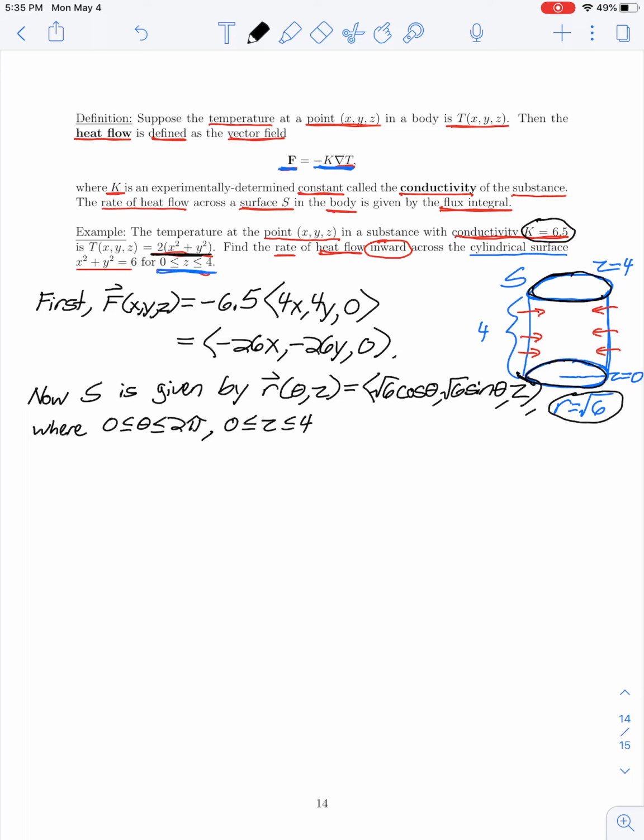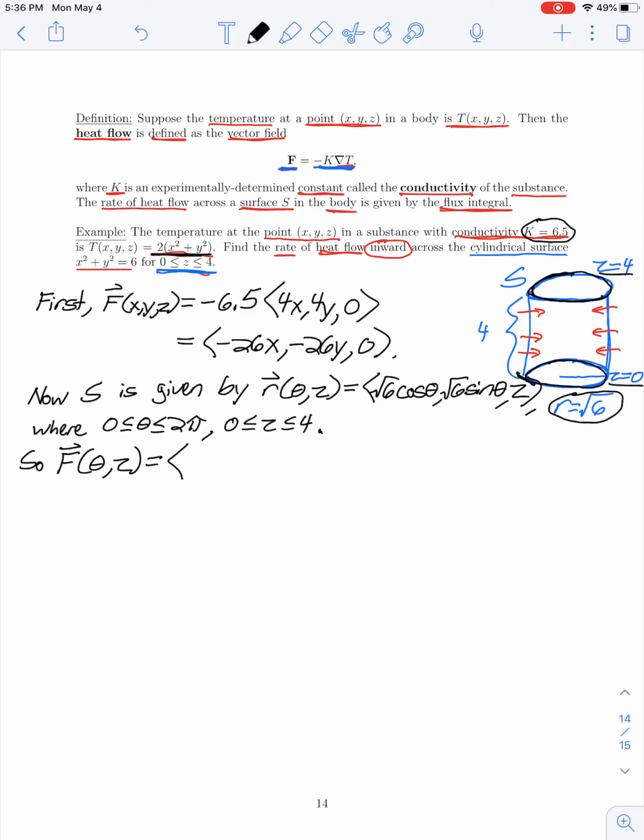Since our bottom part of the cylinder lied in the xy plane and the upper part in the plane z equals 4. So now, to evaluate the flux integral for a parametric surface, we need to evaluate our vector field F in terms of the parameters, here theta and z.